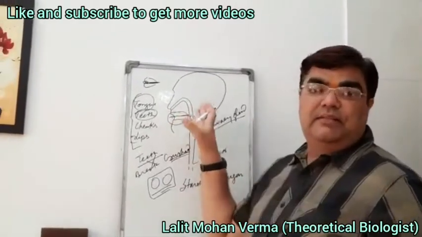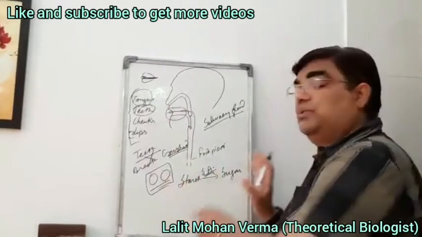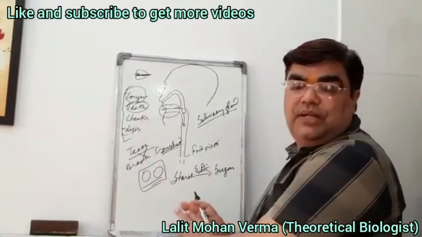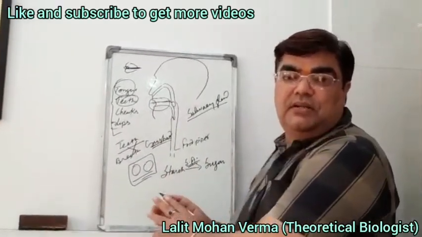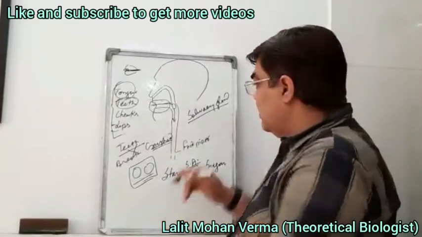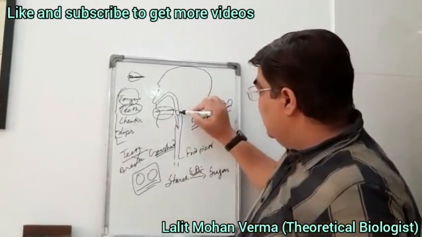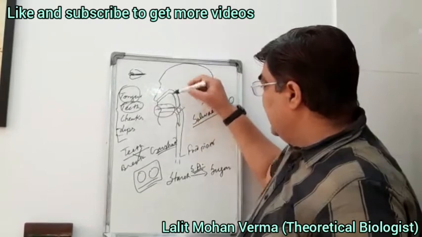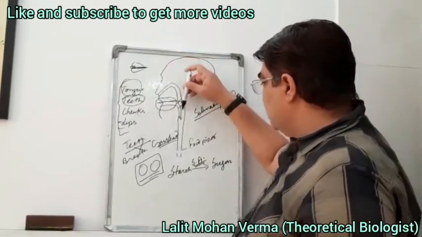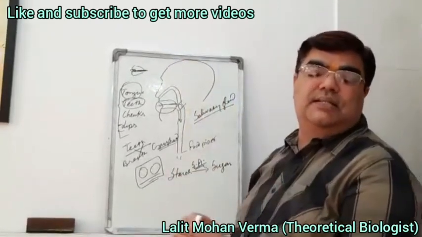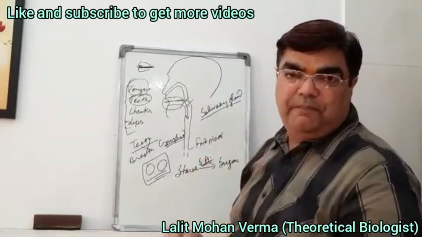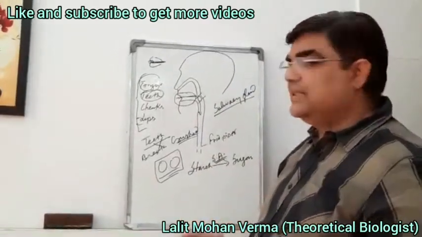Here salivary amylase is present, so some starch is converted into sugar. Actually, I will discuss the same in the physiology of digestion. So the concept to be clear is that the bolus is formed and is trying to reach towards the esophagus. Esophagus is nothing but the food pipe. Okay, so we discuss the next.